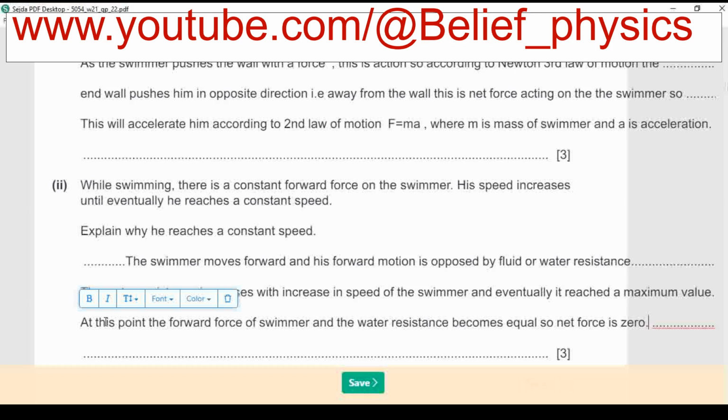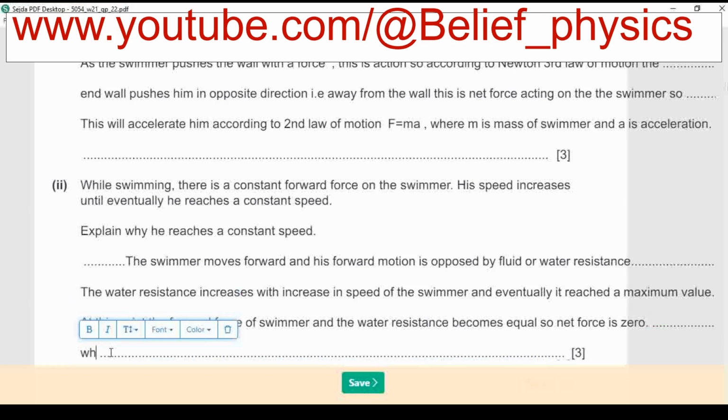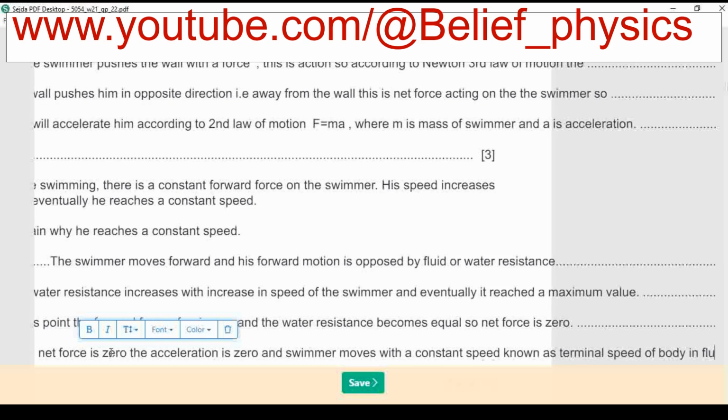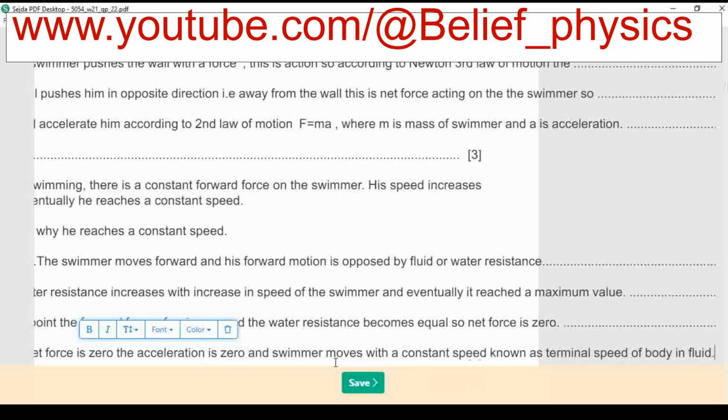When net force is 0, the acceleration is 0, and the swimmer moves with a constant speed known as terminal speed of the body in the fluid. So that's the answer of this question.